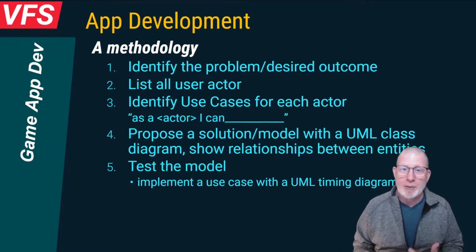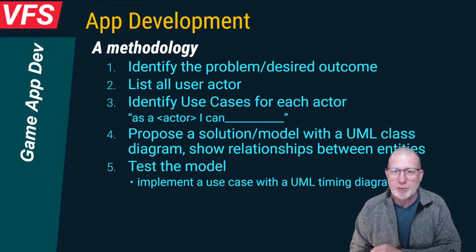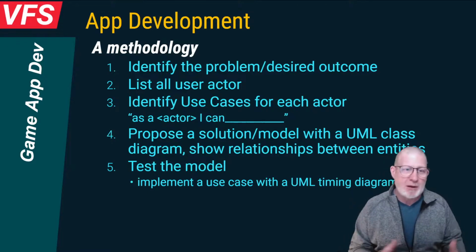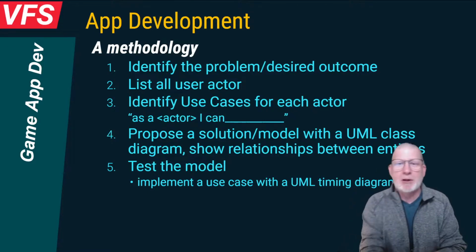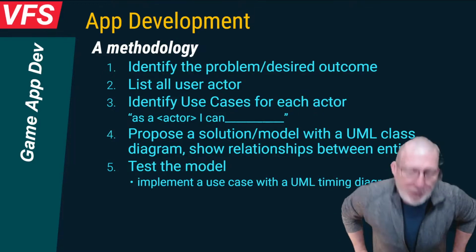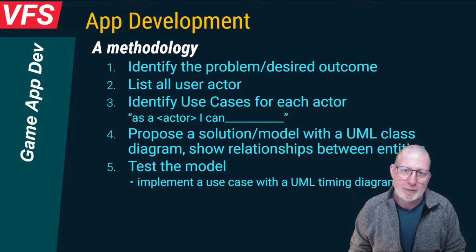So what I recommend is, when you see a use case and you read it and you're like, oh, that's going to be a problem, do the timing diagram for those ones. It'll be less than 10% of all the use cases you get. Do the timing diagrams for the things that you look at and go, oh, that's going to be a problem. I'm not sure that's going to work. Or I don't know how we're going to make that happen.